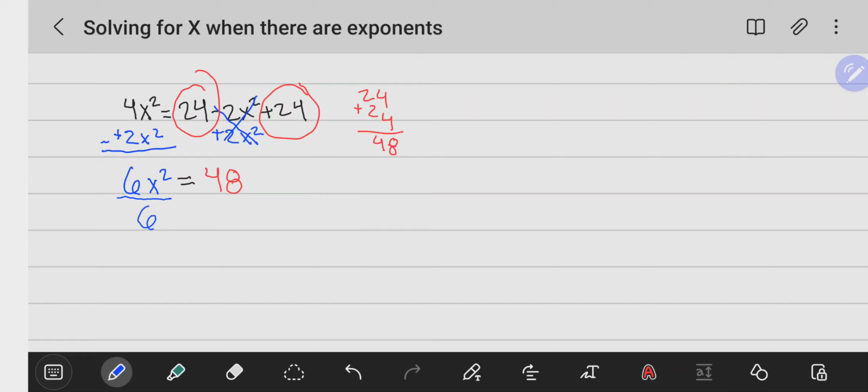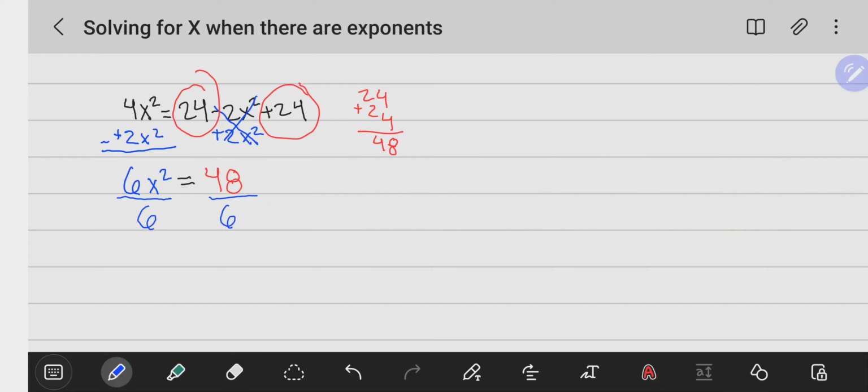by 6. Now, the reason we're dividing both sides by 6, if you look at the term 6x squared, when we look at that term, what we're really saying is 6 times x squared, right? So then what would be the inverse of multiplication? It would be division. That's right.